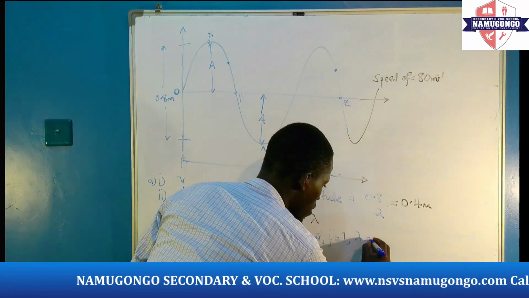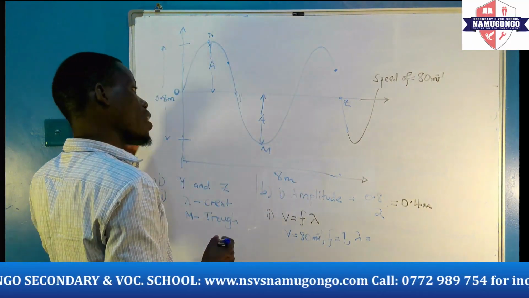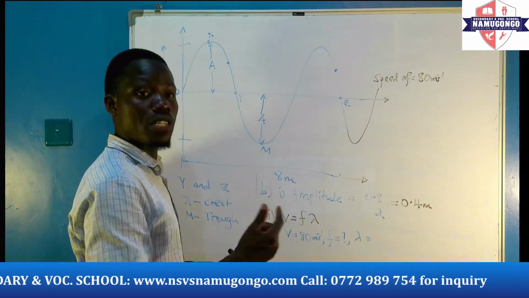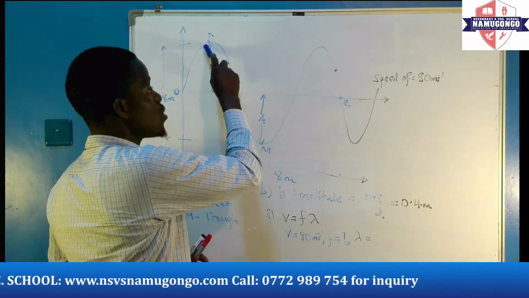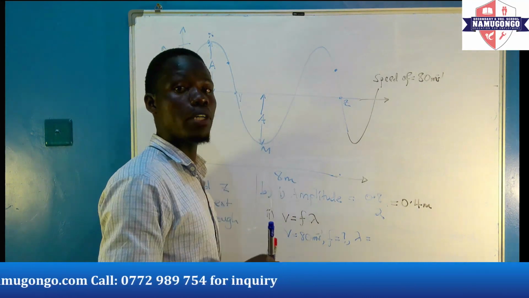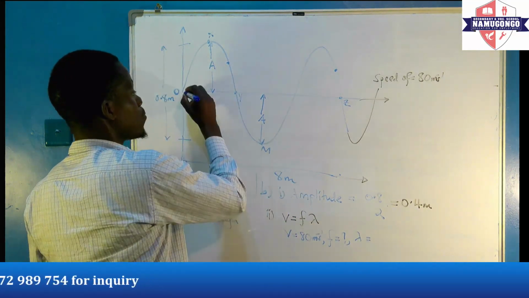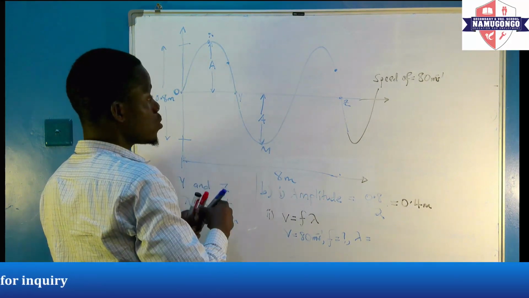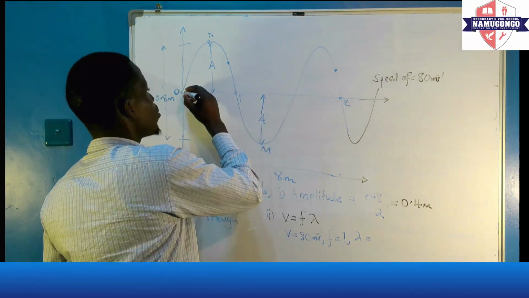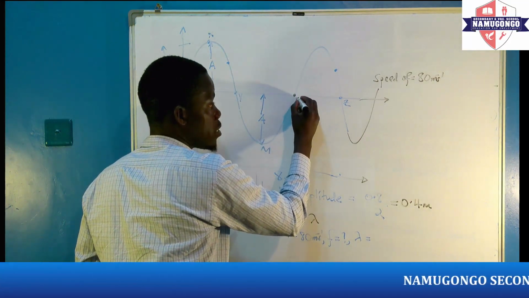Is lambda given? Lambda is not given, but when we look at our diagram, we say that wavelength is for a complete oscillation. These are two complete oscillations. From here up to where I'm going to label, you move. This is one oscillation, and this is the first.